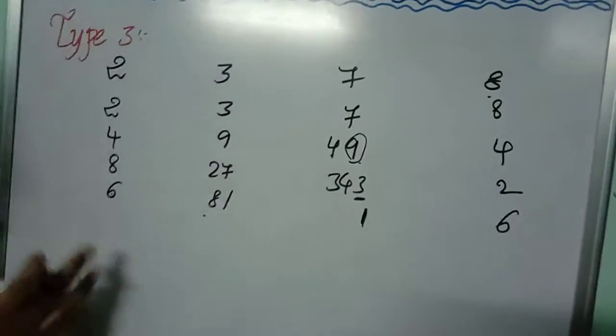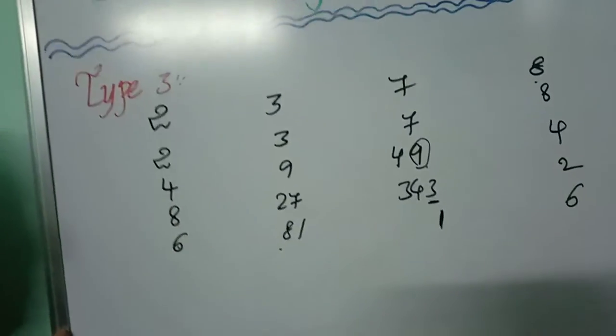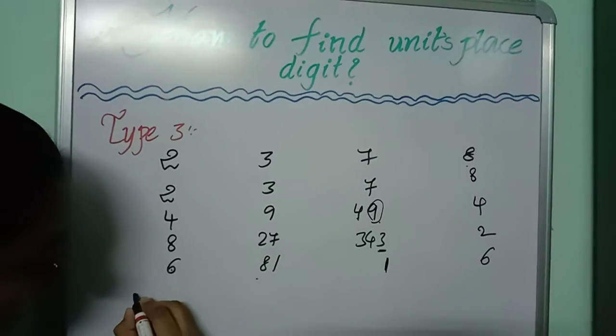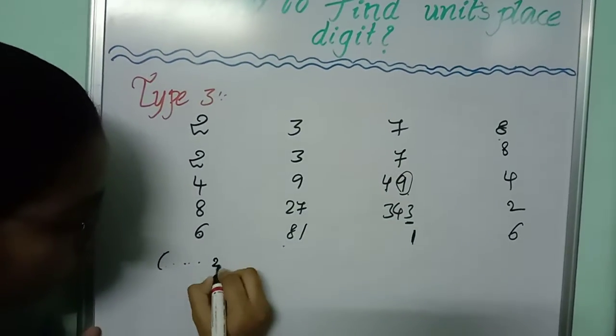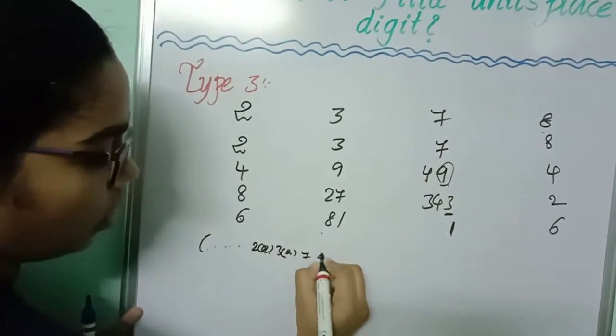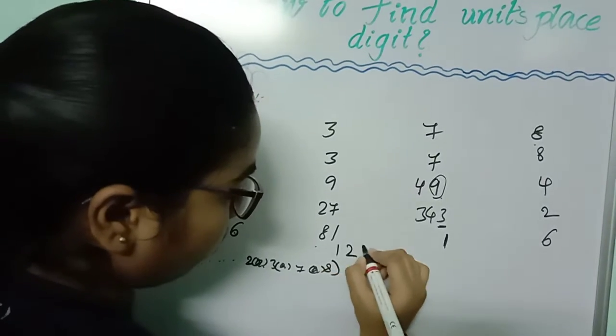Then if you do 2 power 5, 2 power 6, the same numbers repeat. So if something is in the form of 2, 3, 7 or 8 as unit digit whole power something 1, 2, 3, 4.